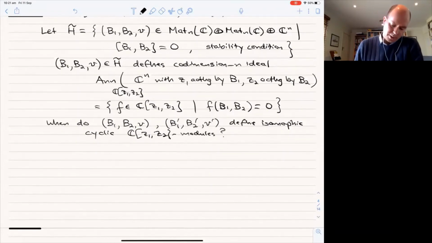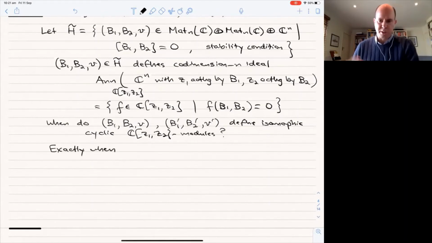And the answer is exactly when there's an isomorphism from one module to the other. So since the underlying vector space is Cn, that isomorphism is going to be in particular an invertible linear transformation of Cn, so an element of GL_n(C).